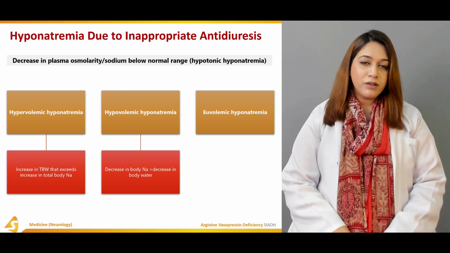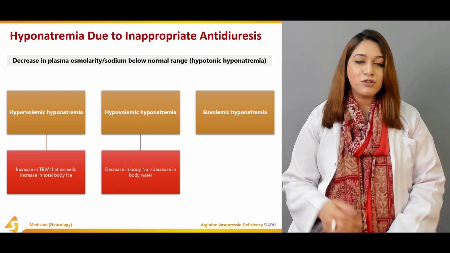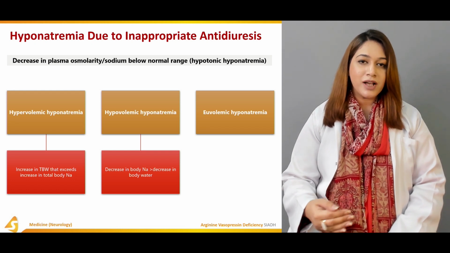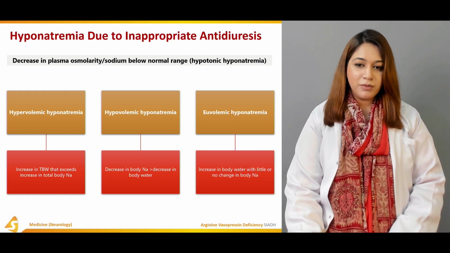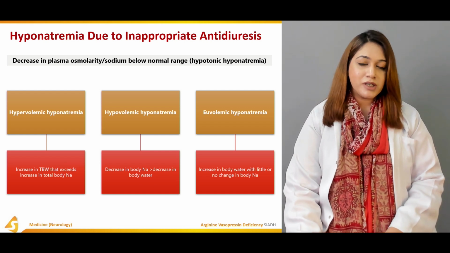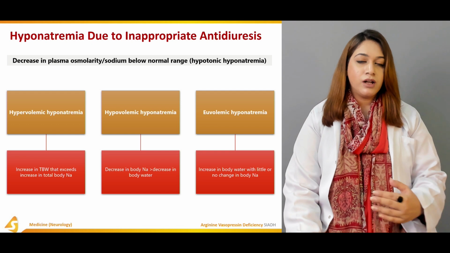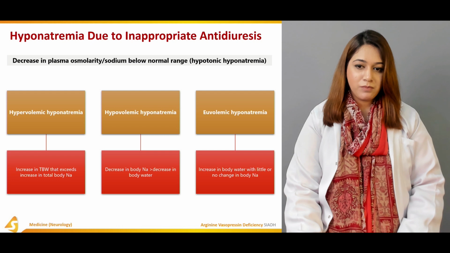So what is happening here? Both of the components are decreasing, but sodium has decreased more as compared to water. And in the third form, that is euvolemic hyponatremia, there is increase in body water with little or no change in body sodium. So the body water is increasing, but the sodium is not changing. It is in the normal condition, normal levels.